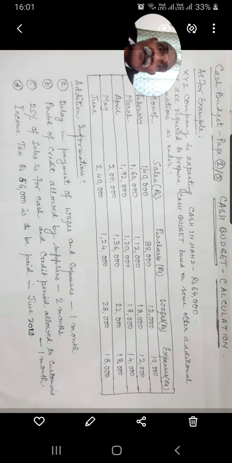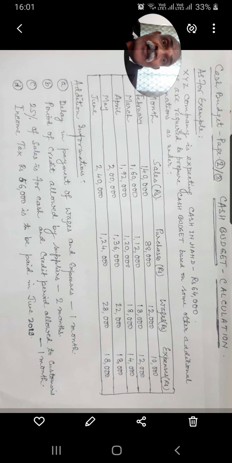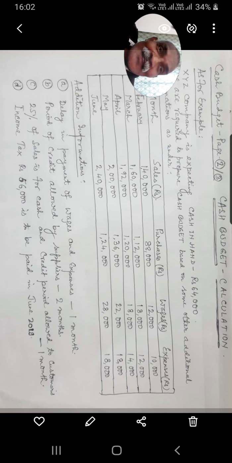So 25% of which amount? Of April only. The sale of April is 1,92,000 rupees. So 25% of 1,92,000 rupees you will receive instantly at the time of sale. So 25% of 1,92,000 rupees is how much? 48,000.